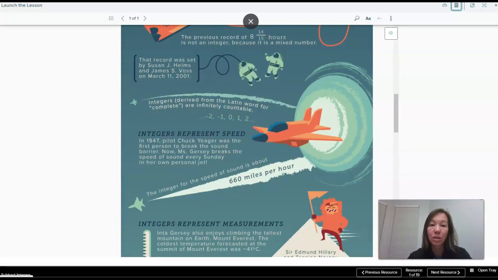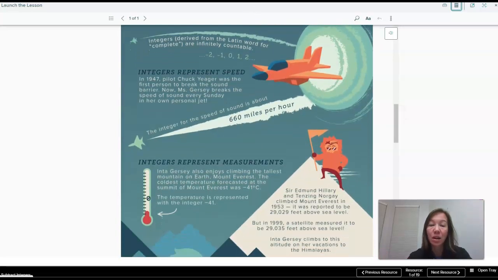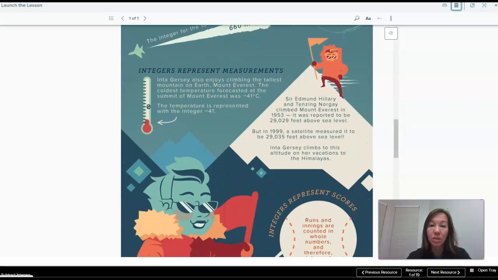Integers, derived from the Latin word for complete, are infinitely countable, so they go to negative infinity and positive infinity. Here are a few other facts. We can use integers to represent measurements, so I'll let you read this.